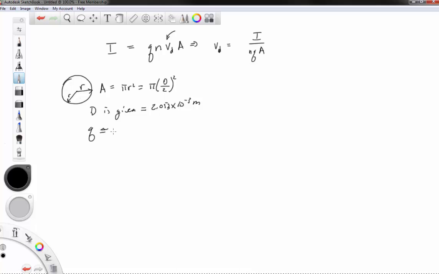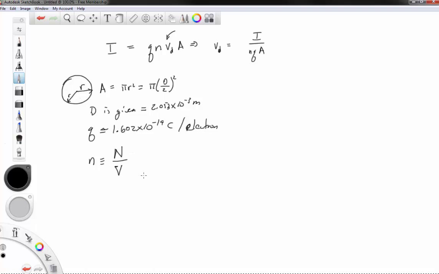Q is about 1.602 times 10 to the minus 19 coulombs per electron. So what we need to do at this point is figure out the value of n, where n is again defined as the number of charges per unit volume.